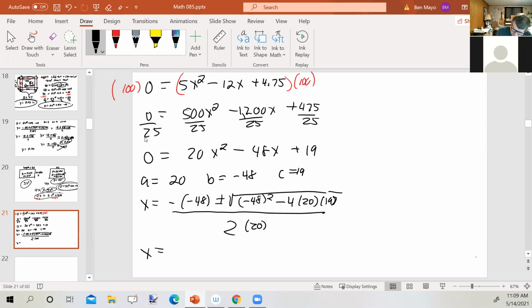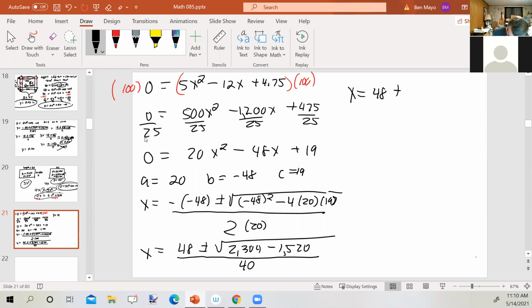X equals negative times negative is positive 48 plus or minus the square root of, let's see, negative 48 times negative 48 is going to be 2304 minus, let's see, 4 times 20 times 19 is minus 1520, all over 2 times 20 or 40.